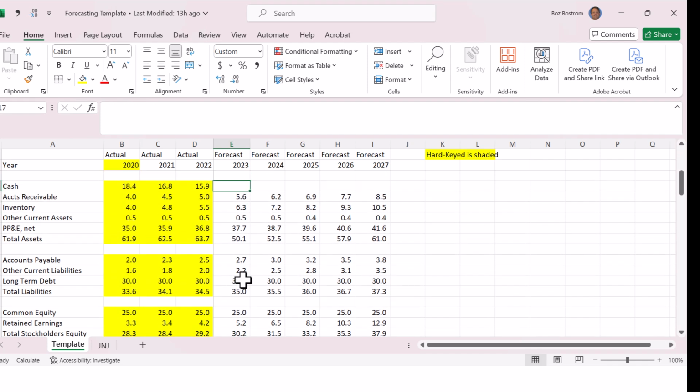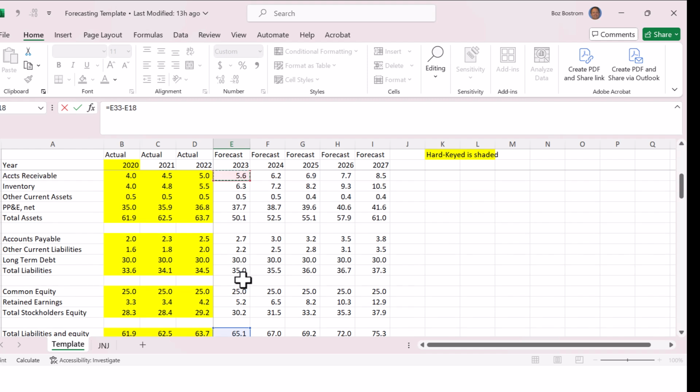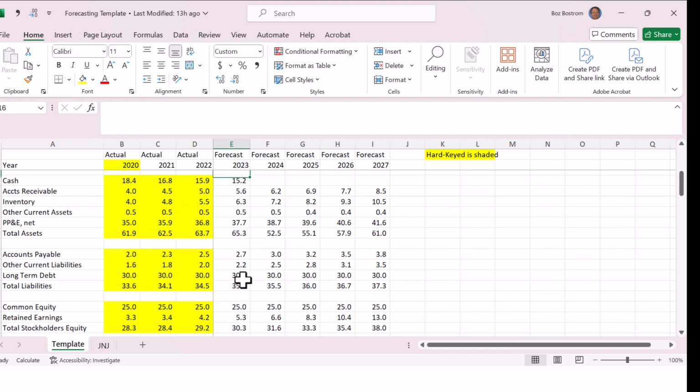Cash is a plug. Now, what we need to do with this plug account for cash equals right here, and you might need to rewind this formula, but equals liabilities plus equity minus, and I want to subtract off my other assets. So go to accounts receivable, go to inventory, do a minus and go to other current assets, do a minus and go to PP&E.